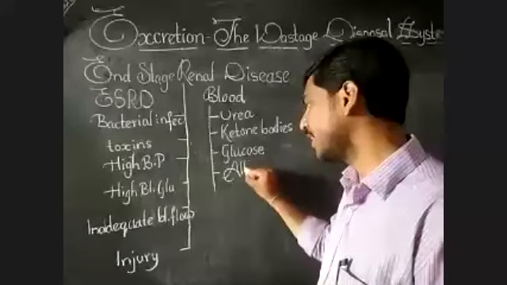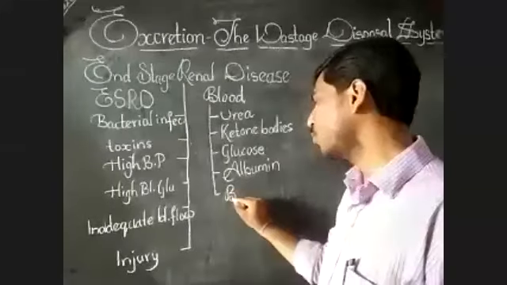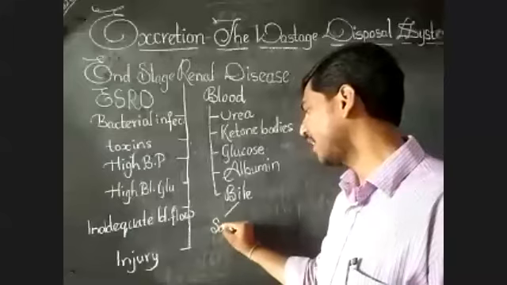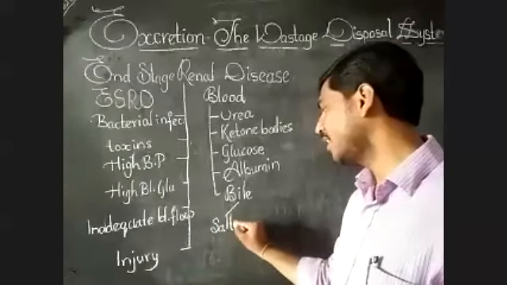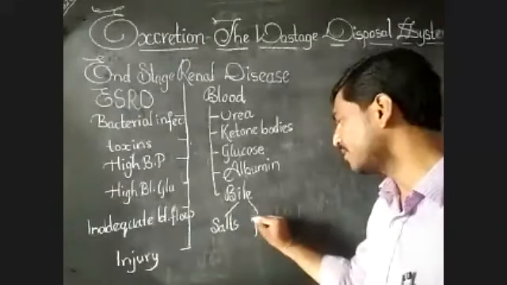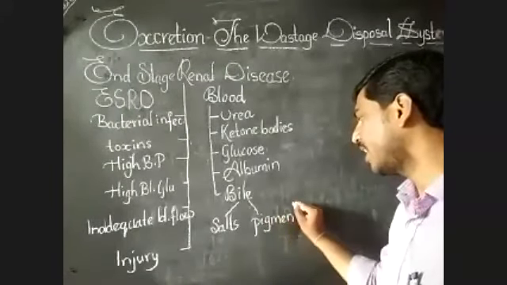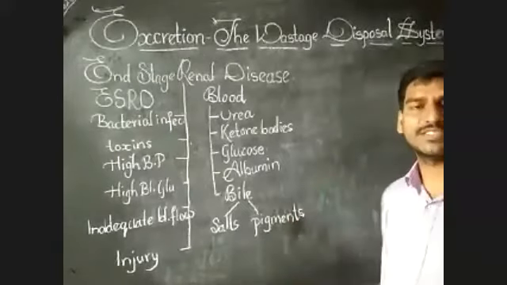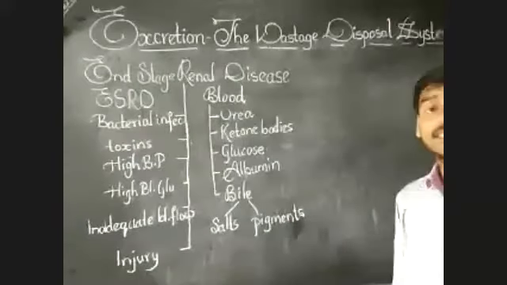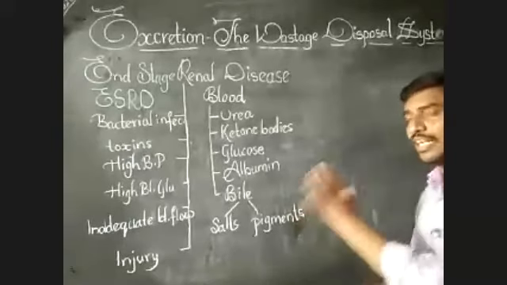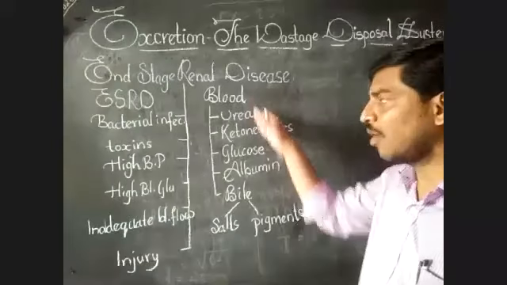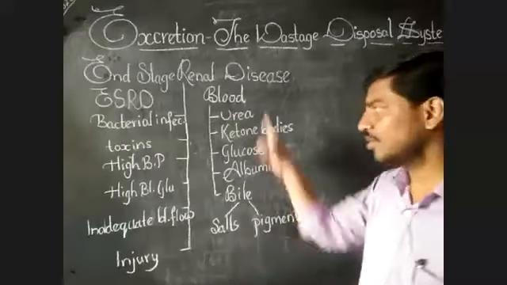It may even contain other important things: albumin, or a high amount of bile salts and bile pigments. All these things in the clinical report of blood indicate that there is some damage to our kidneys.